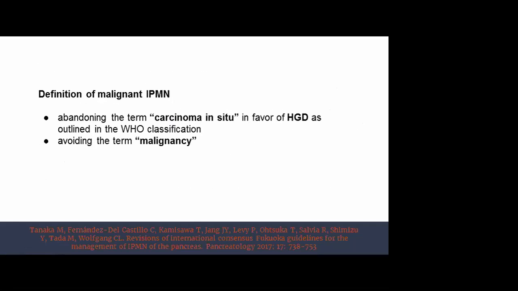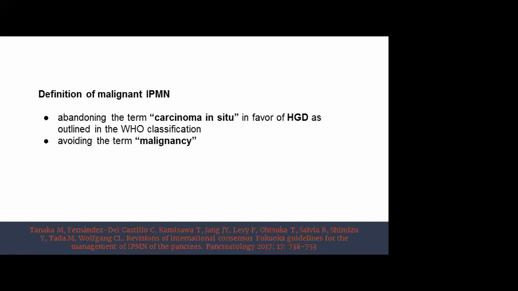And according to these guidelines, regarding the definition of malignant IPMN, they looked into various definitions and finally came to a conclusion that there is no single definition that can be applicable to define malignant IPMN. They noticed that some authors included both carcinoma in situ and invasive carcinoma together, but some others included only the invasive component, while some others only described the highly aggressive variants as malignant.